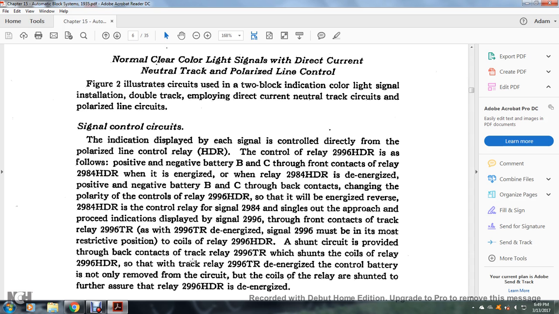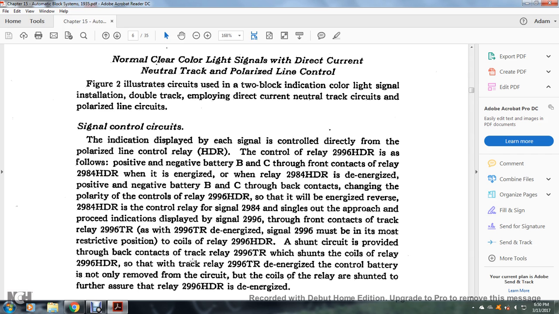Control of the relay for signal 2984 sends out the approach and proceed indications displayed in signal 2996 through the contact of the track relay 2996 TR. If the 2996 TR is de-energized, signal 2996 must be in the restricted position.